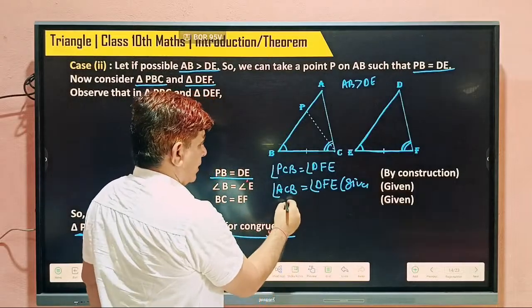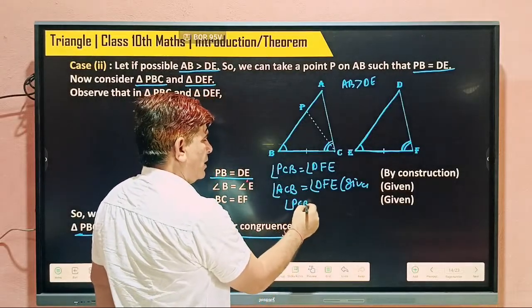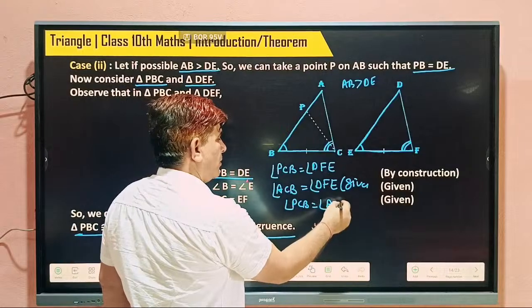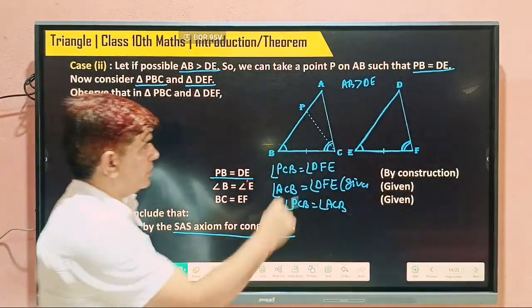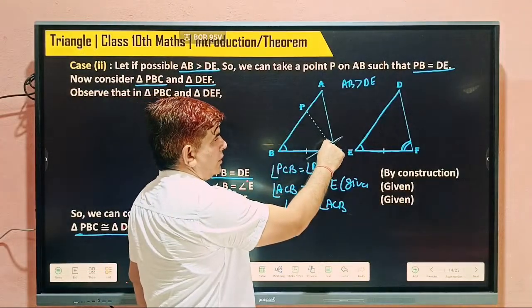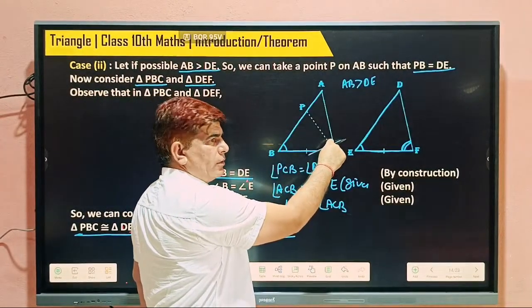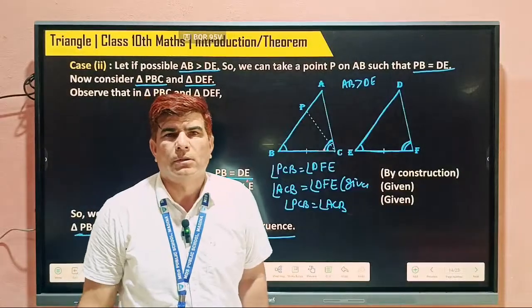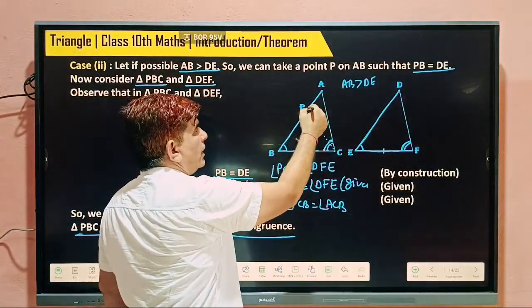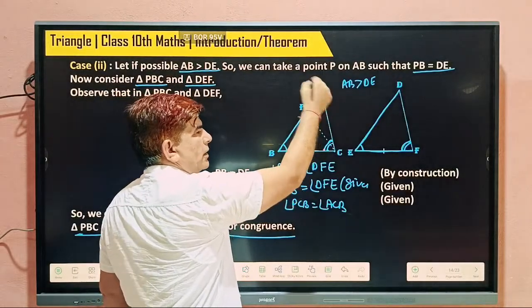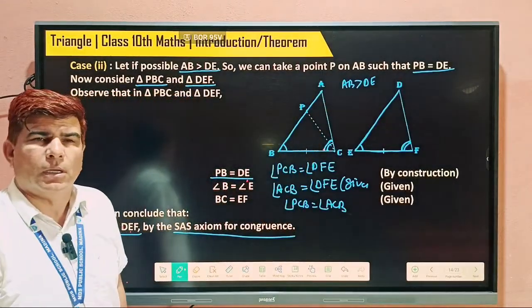It means angle PCB equal to angle ACB. Yes or no? Is it possible this part is equal to this complete part? Not possible. And it is possible only when point P and point A are the same. Understood?